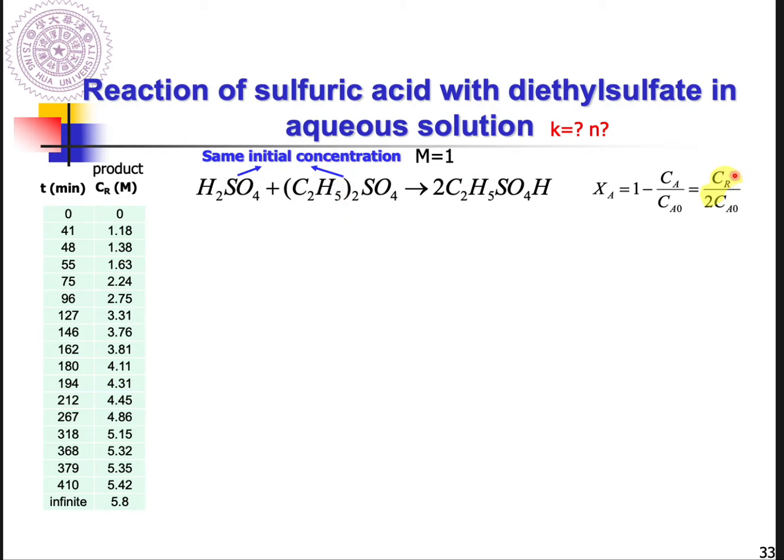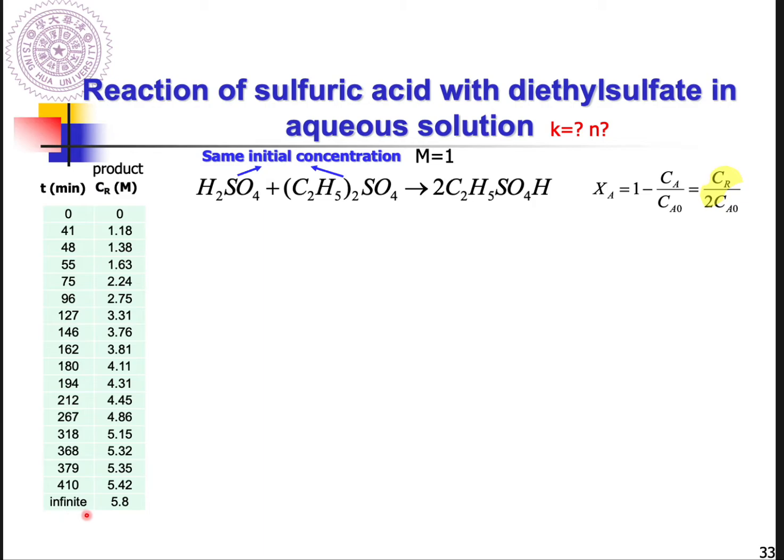So you use CR to substitute, and it will be CR over 2. So now we already know CR. And what's CA0? As long as we know CA0, we can successfully convert this data to XA, right? So what's CA0? It's the initial concentration of reactant A. What will it be? Check infinity.